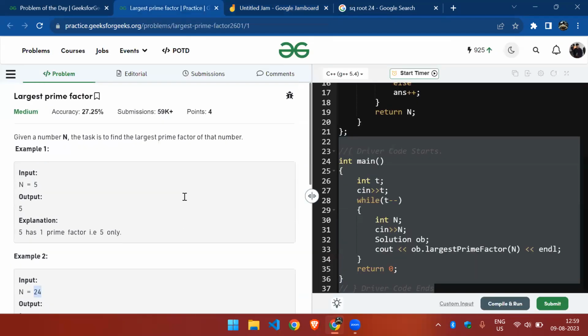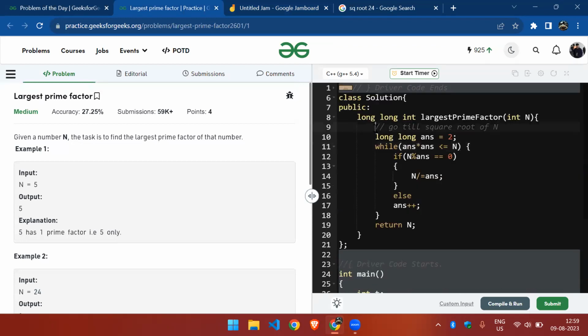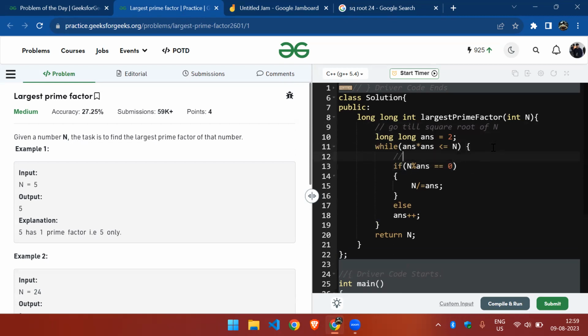So I hope you get the idea of what we are doing here. If you didn't get it, we still have the code here. We will go till the square root of n, and we start off with the smallest prime number. Here we are checking if we can remove any prime factor from our number.